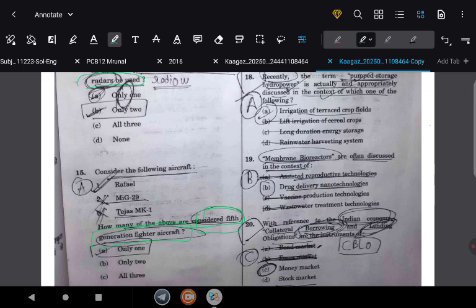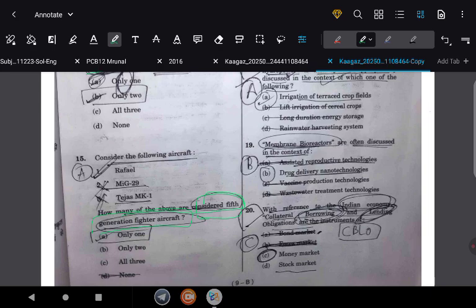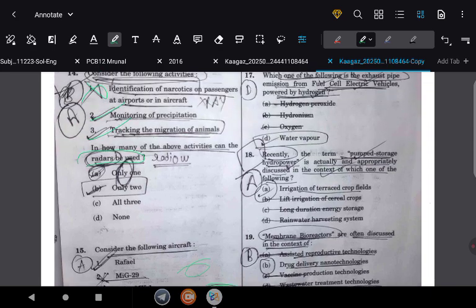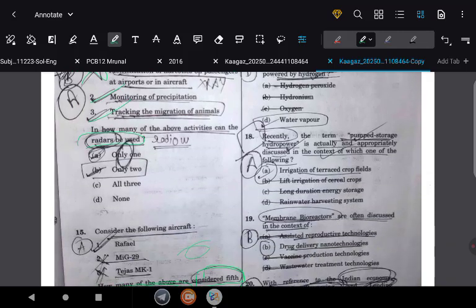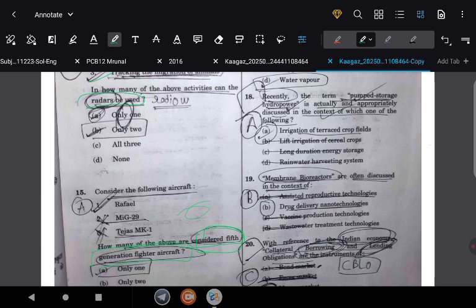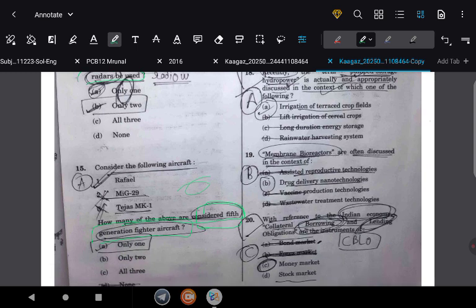But suppose current affairs, you might have read a lot about defense current affairs, but you might have missed this particular fact that there are fifth generation fighter aircraft, or any other fact which was in the current affairs. So it is really difficult to cover all the current affairs, and you really don't know which type of current affairs UPSC is going to ask.